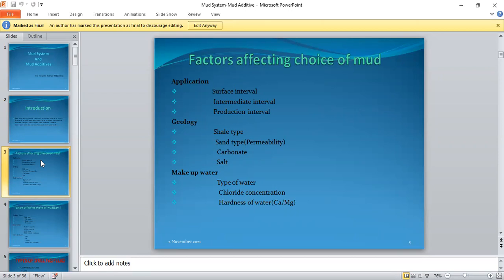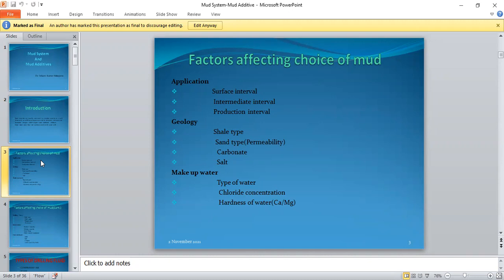The geology of the formation, you can also call it lithology. Lithology also tells you the formation type, what kind of rock or what kind of soil is there. If you're going to drill through a shale formation, what kind of mud do you want to use?